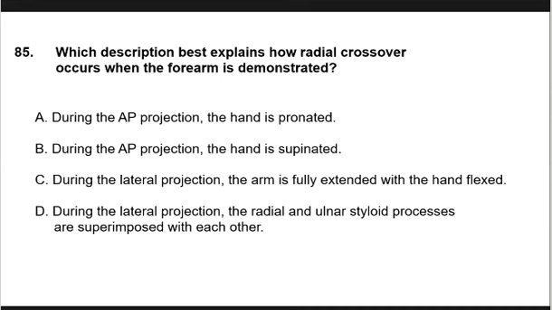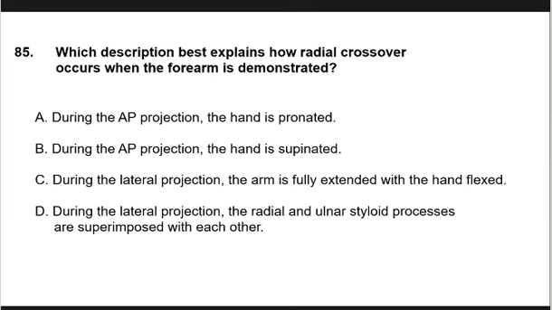Diba? Based on the anatomical position, the ulna is located medially and the radius is located laterally. So sa forearm, dalawang projections: we have the AP and the lateral projection.